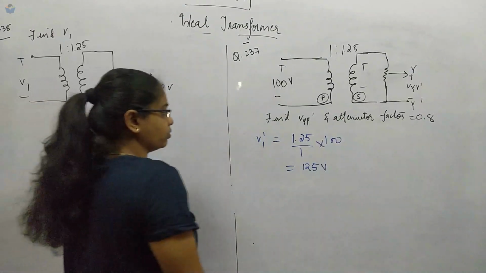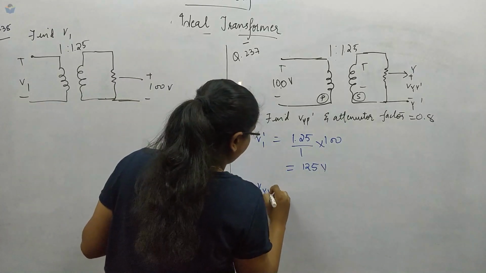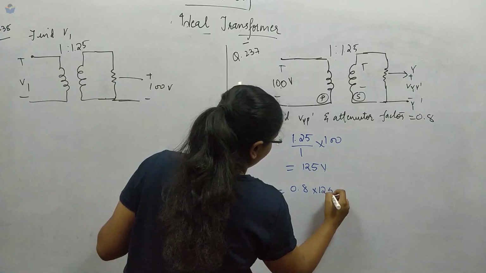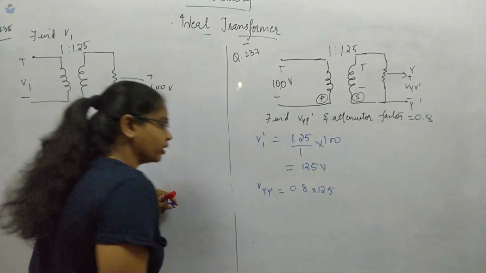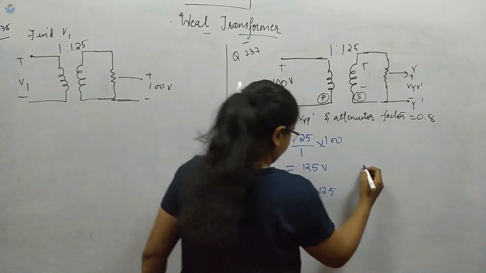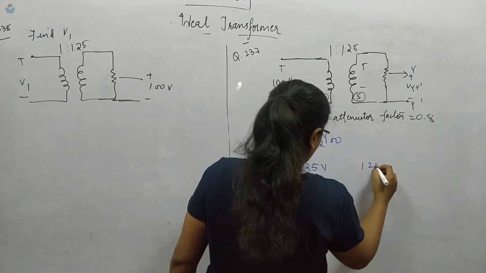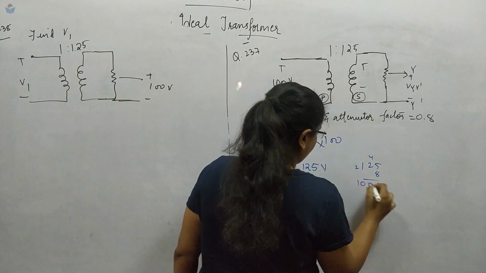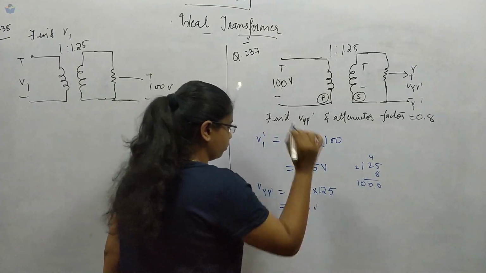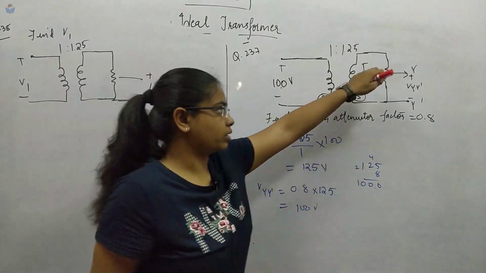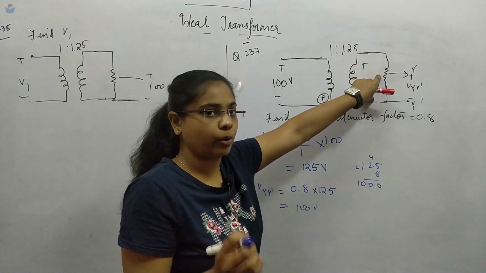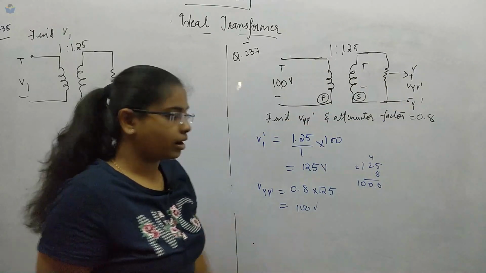Now this Vyy dash will be equal to 0.8 times 125 volts. So 125 times 8 gives 1000, and dividing by 10, this is 100 volts. So the value of the voltage across this one, which has the 0.8 attenuation factor, is 100 volts.